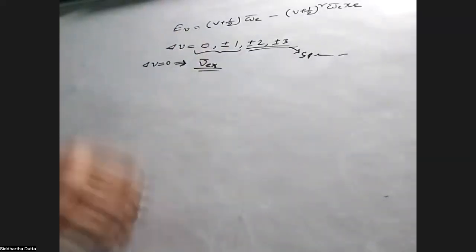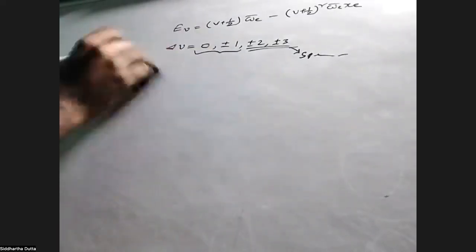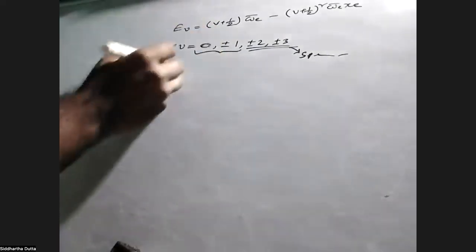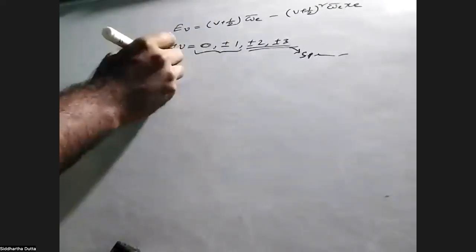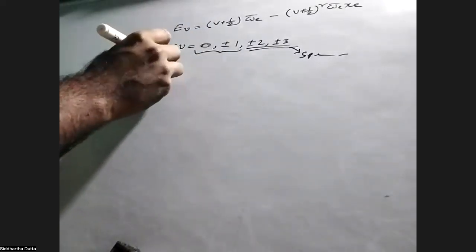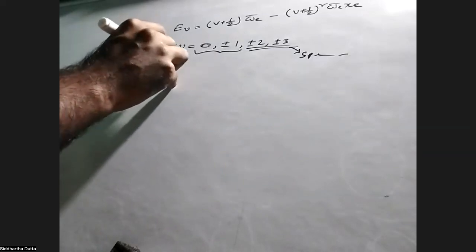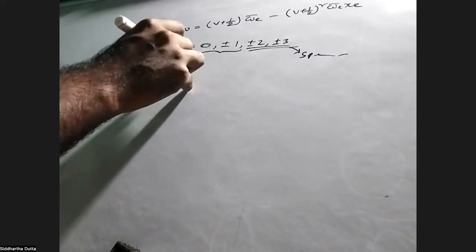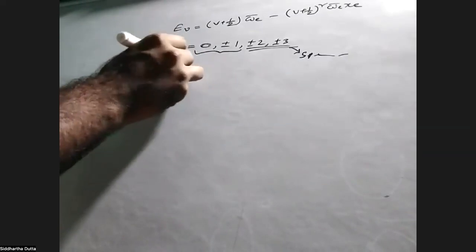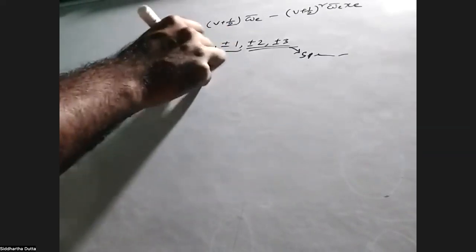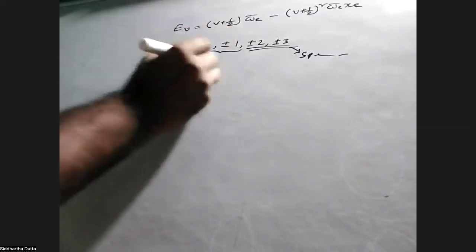Now delta E will be for v equal to 0 to v equal to 1. That is our fundamental vibration.